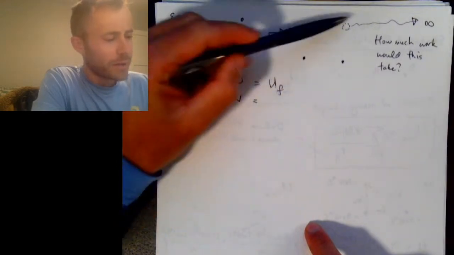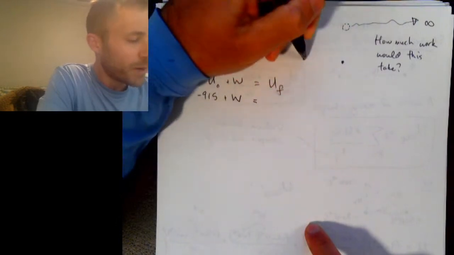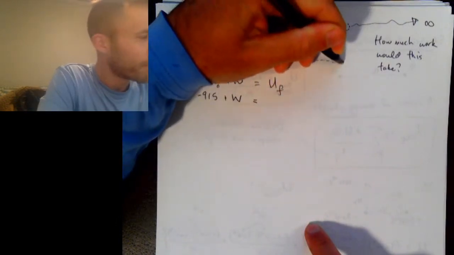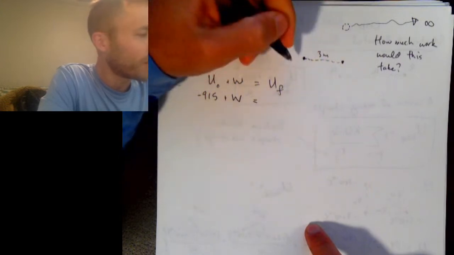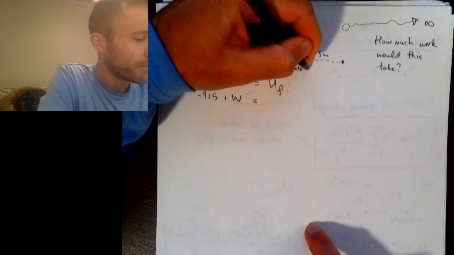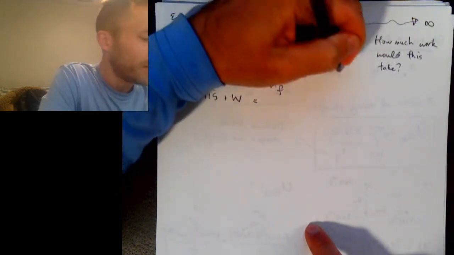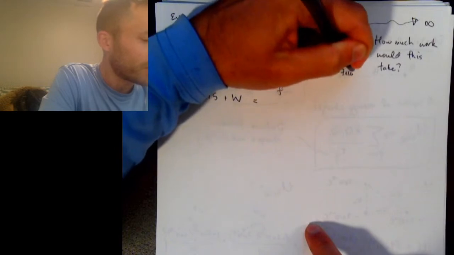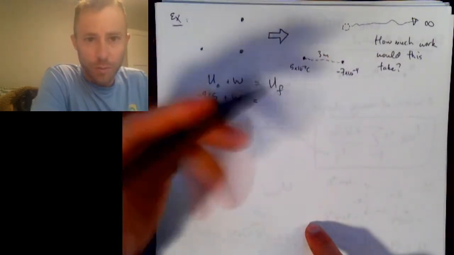As you can see, this charge is gone, so we only have one pair. It's two charges that are 3 meters apart. One is 5 times 10 to the minus 4, the other one is negative 7 times 10 to the minus 4. So this is just two charges, one pair.